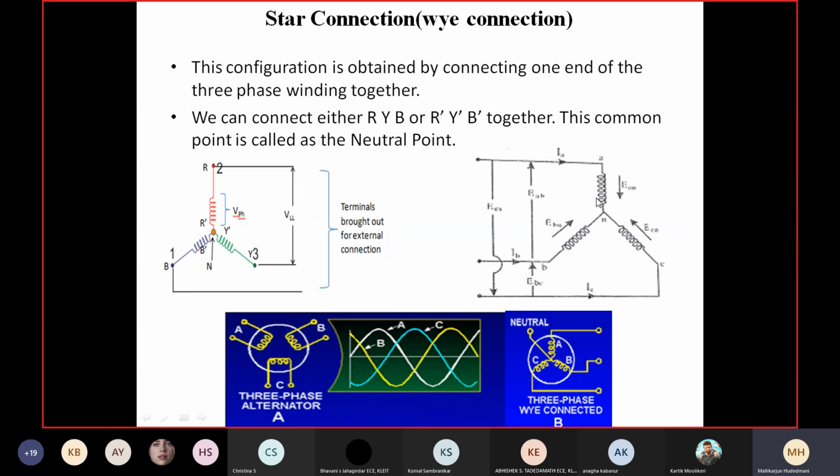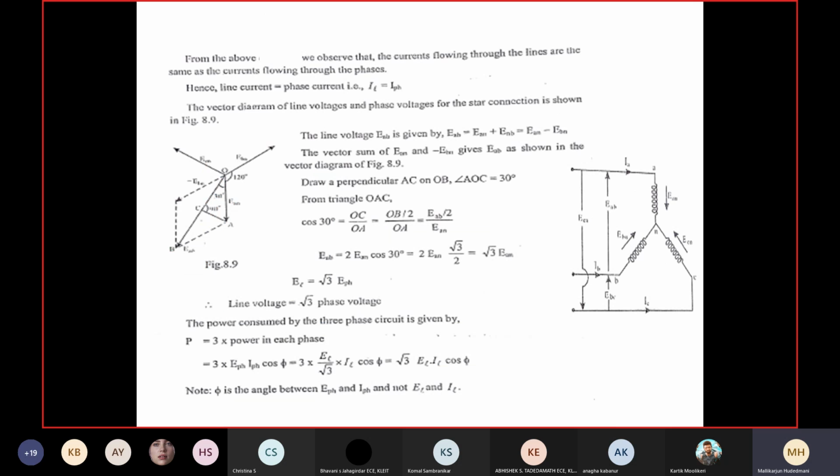What are the phase voltages? Voltages induced in the phase windings of the three-phase AC system. Those are 120 degrees apart from each other. Therefore, I have drawn EAN as a vector downward, then 120 behind with a phase difference, EBN, and again a 120 difference, ECN.